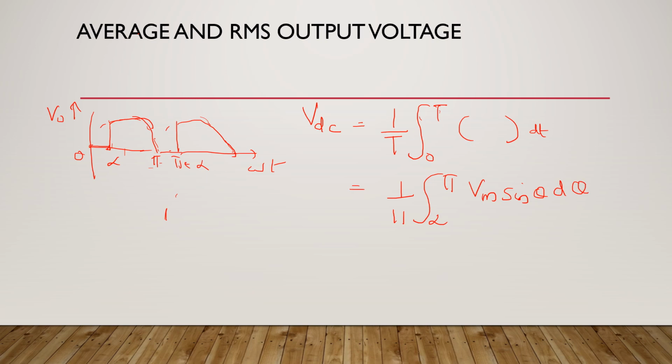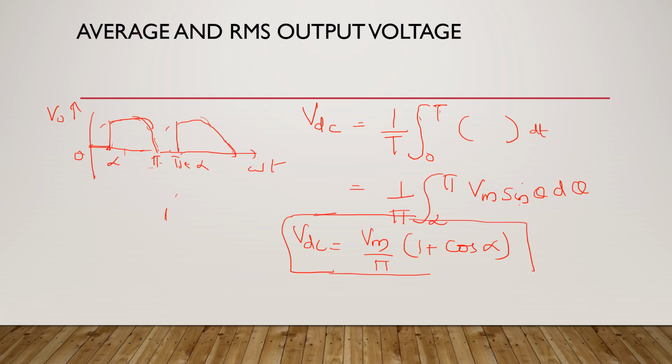So it is 1 by pi times the integral from alpha to pi of Vm sine theta d theta. When you integrate this, you get Vm by pi into (1 plus cos alpha). This is called the average value, or the DC value, of your semi-converter. So this is the average output voltage.